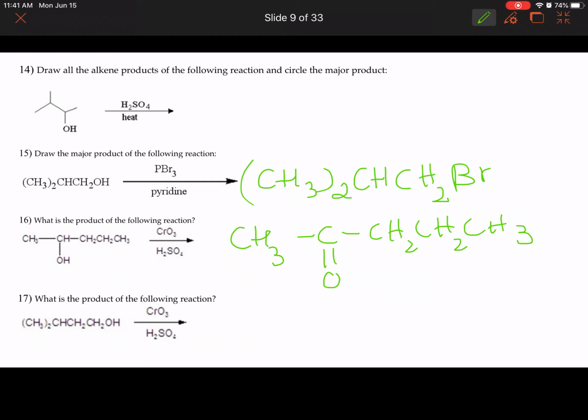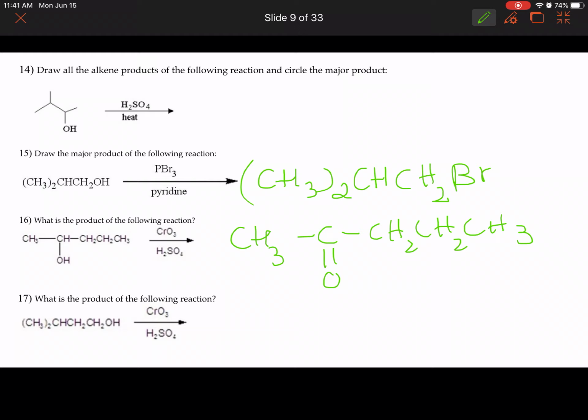Okay. And then we have number 17. It's asking what is the major product of the following reaction. So in this one, we have a primary alcohol. So the primary alcohol with chromic acid and sulfuric acid, it would take all the way to acid. Instead of stopping at the aldehyde, it's going to go to formation of the acid.